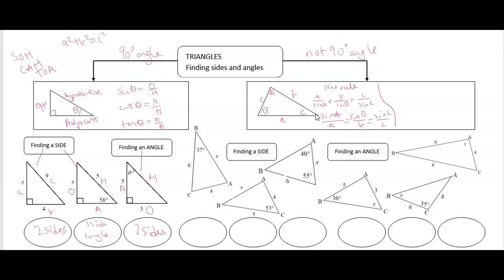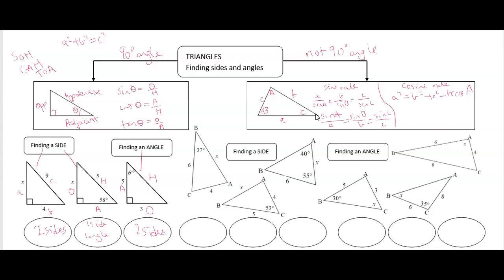Now your cosine rule. a squared equals b squared plus c squared minus 2bc cos A. And obviously your a, b, and c are interchangeable.